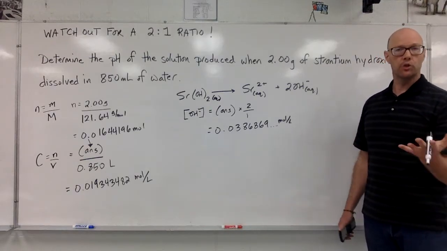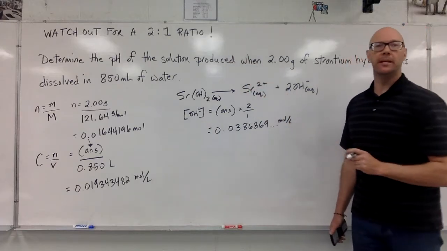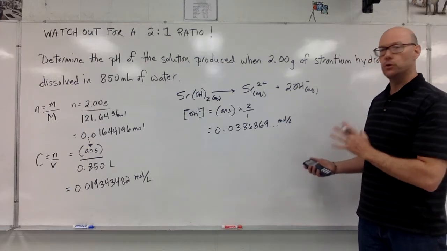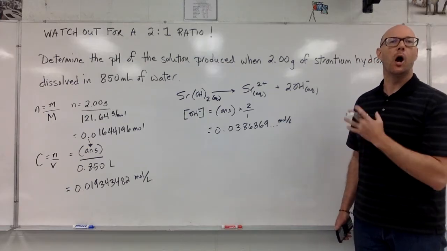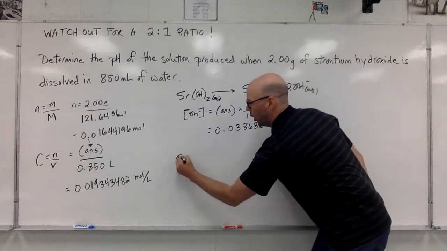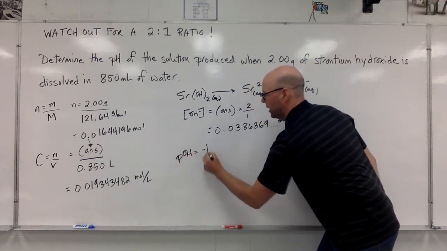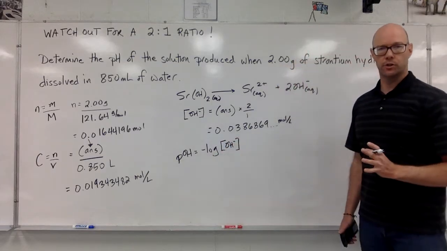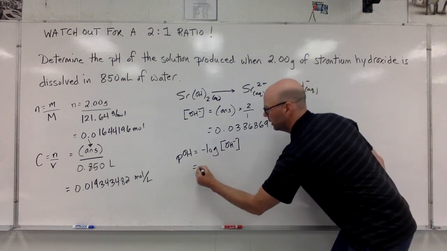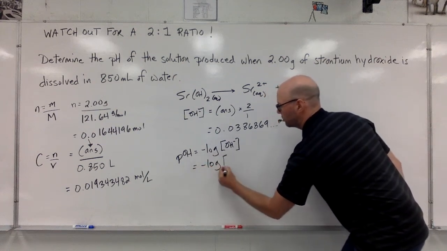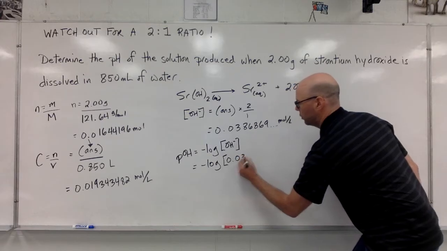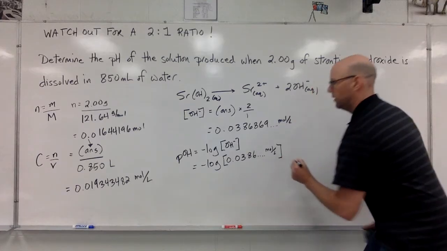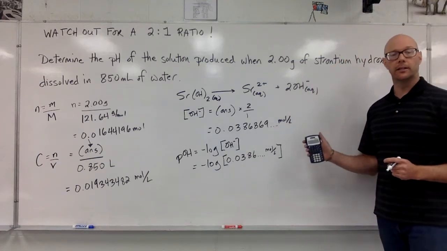We can't lose track of where we're trying to go in the end, which is to determine the pH. We have the hydroxide ions. At this point, we can do some math to turn them into the pOH. The pOH is the negative log of the hydroxide ion concentration, which here is the negative log, once more, of our answer, 0.0386, etc. This number is still here on my calculator screen.